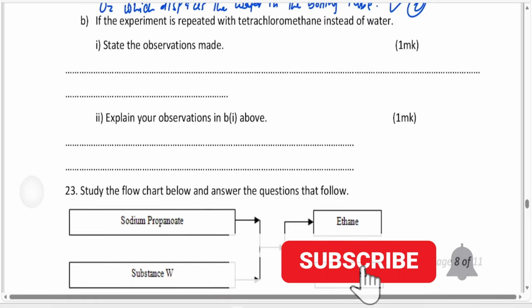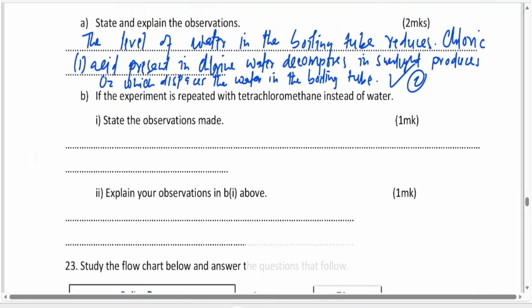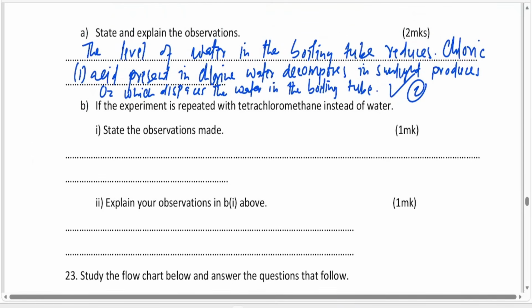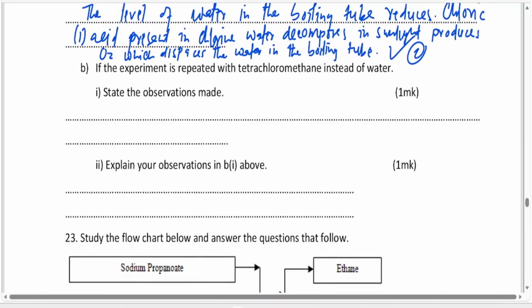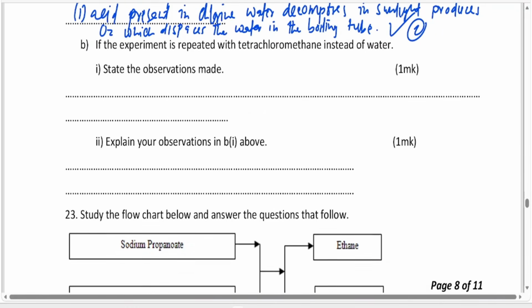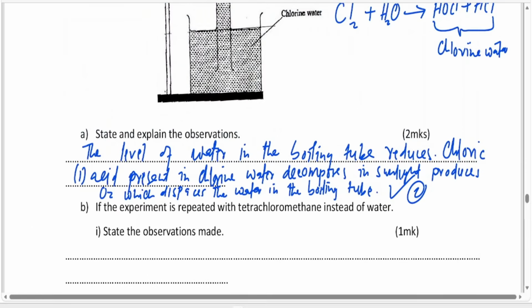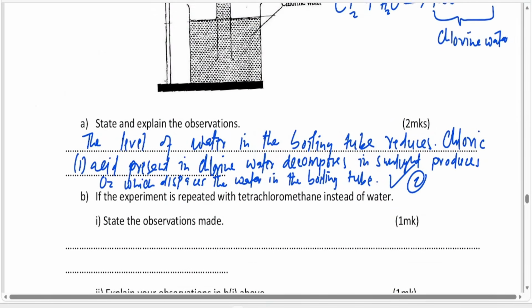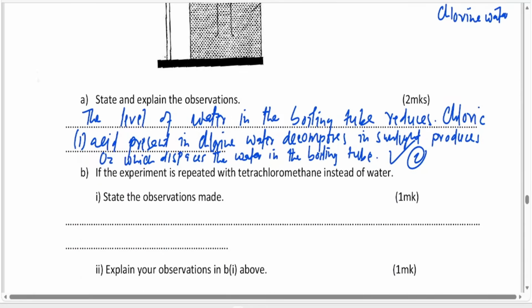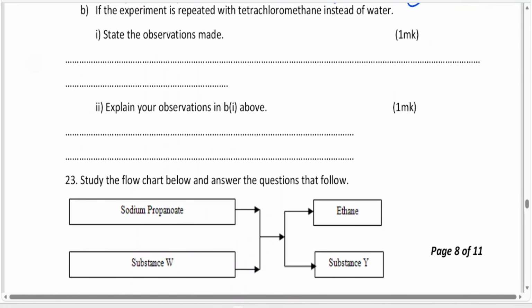Part B of this question, if the experiment is repeated with tetrachloromethane instead of water, state the observations made. So the question is, if we pass chlorine gas in tetrachloromethane, what will be the observations that are going to be made?